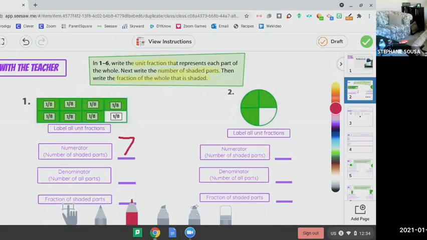There are 7 shaded parts on this whole. Denominator is the number of all parts. There are 8 parts on this fraction, which is why my fraction is called 8ths. So 7/8. Denominator is 8.